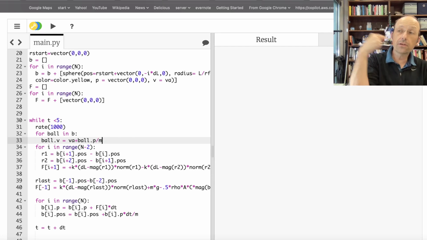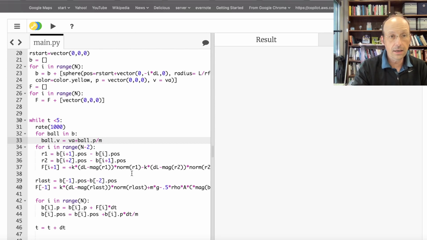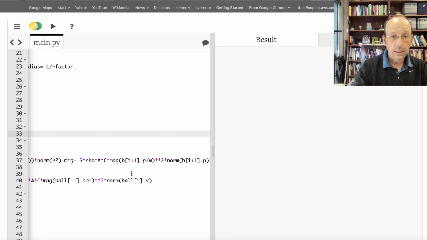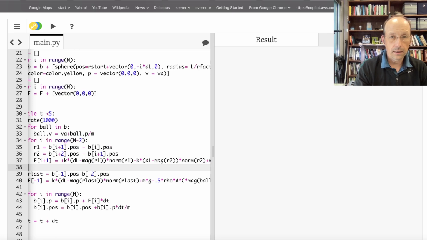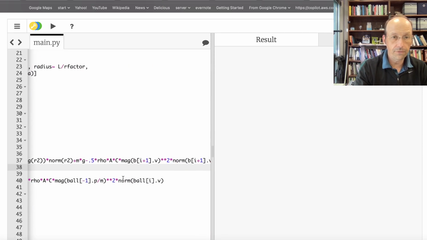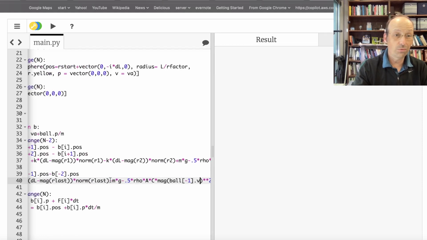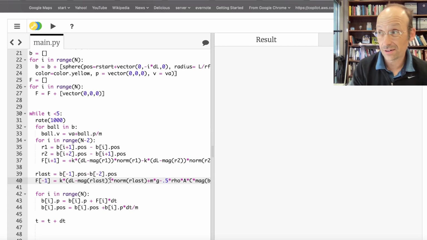And so my momentum's going to change all the time, so it's going to change my velocity. Now down here, instead of ball.p divided by, I'm just going to say ball.m.v. Yeah, and the same thing over here. Okay, and then over here, I got the ball.v, I got to change this to ball.v. Whew, if this works, I tell you what, it's not going to work. Okay, let's save it and then run it.